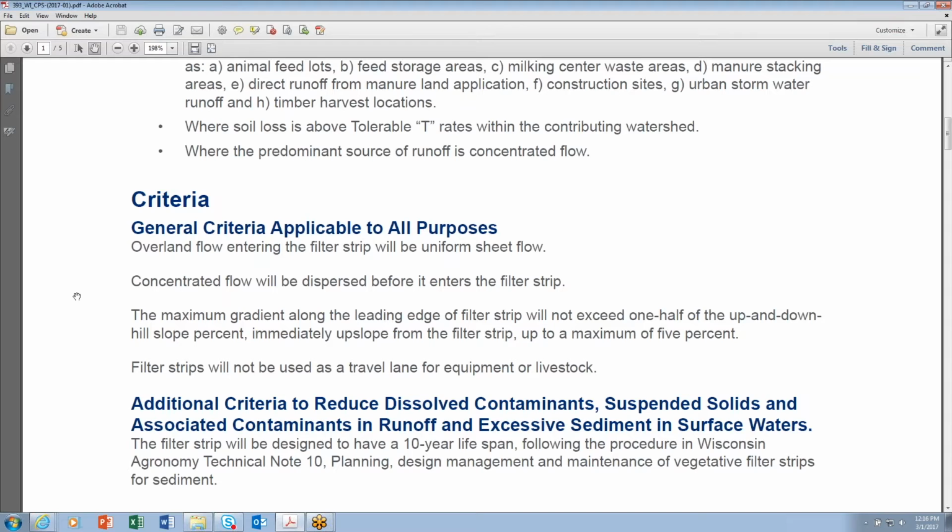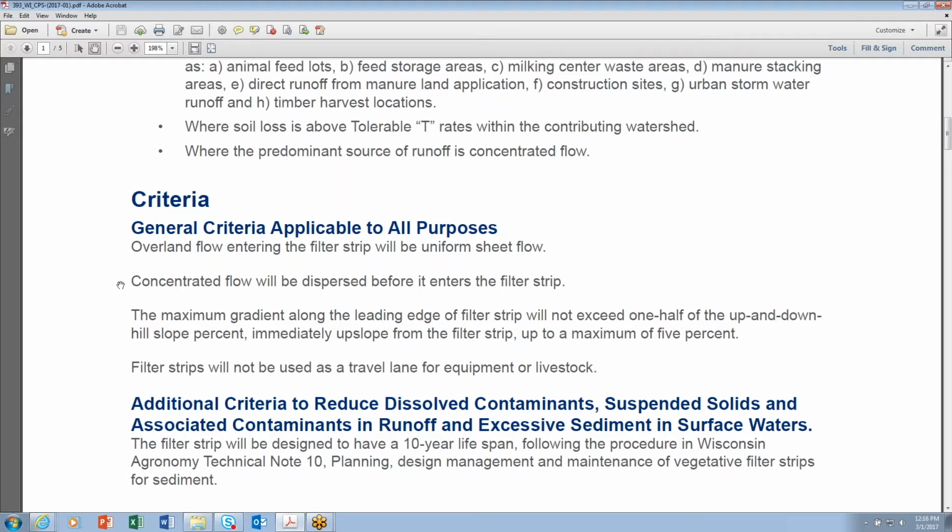Concentrated flow will be dispersed before it enters the filter strip. So that's why it is important to make sure, and we'll talk about some of the conditions here, but one of them is that the filter strip itself is close to the contour so we don't get that channelized flow effect if we have grade on the slopes.